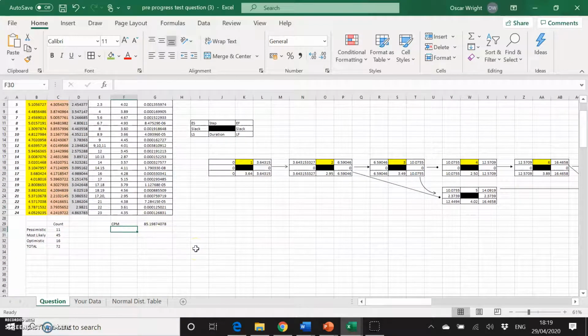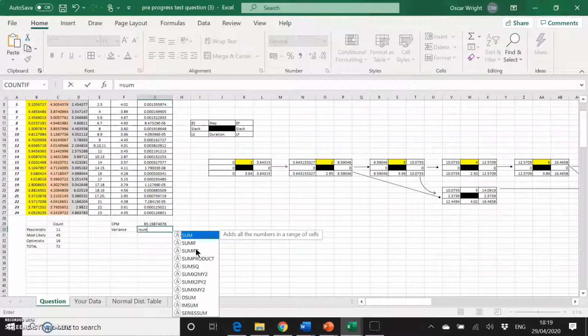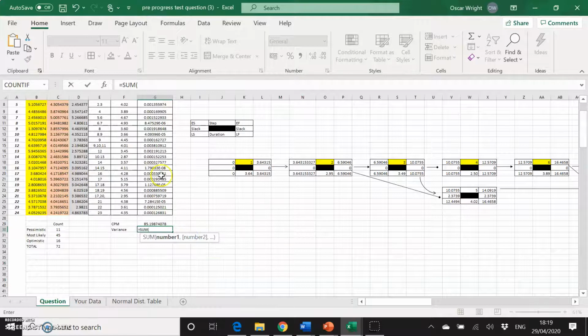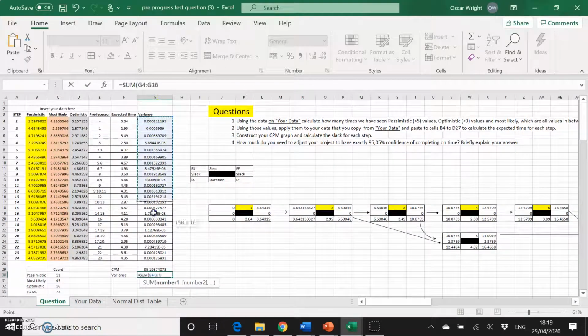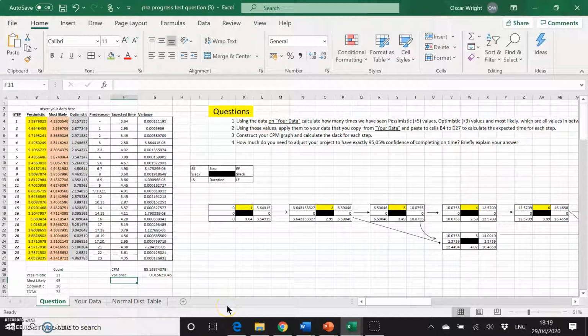We have CPM, we also need to find our total variance. So we do a simple sum of all our variances. And now we need to find the total variance of the CPM. Basically for this, all we're going to do is take the total, but take away the two steps, step 5 and step 10, that were both not in the critical path.